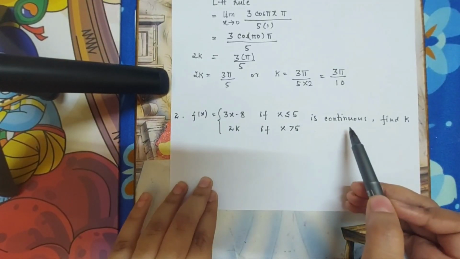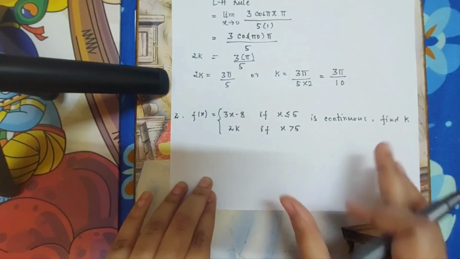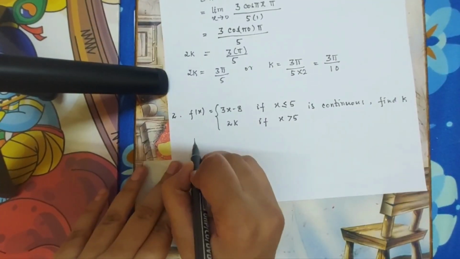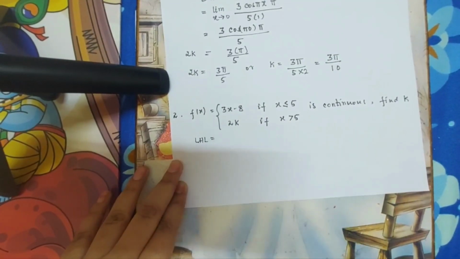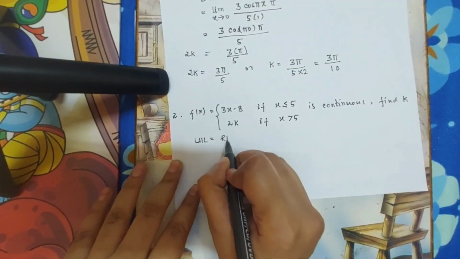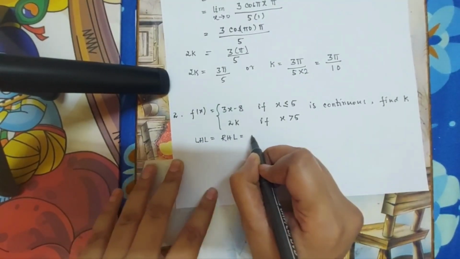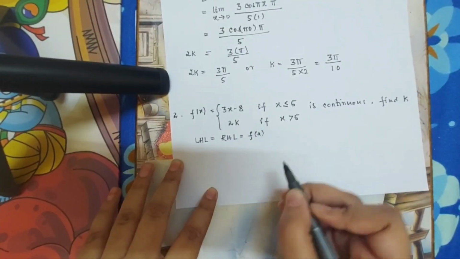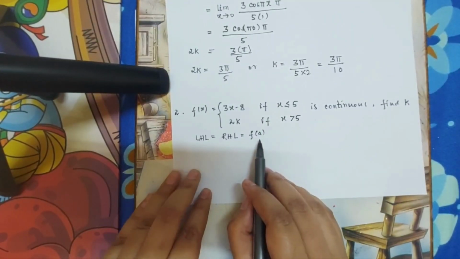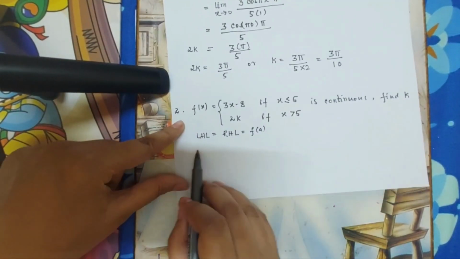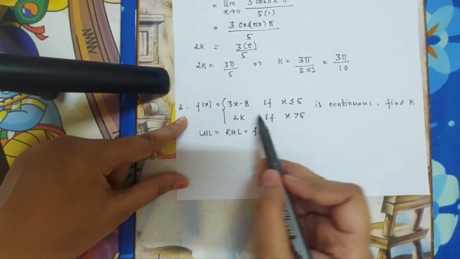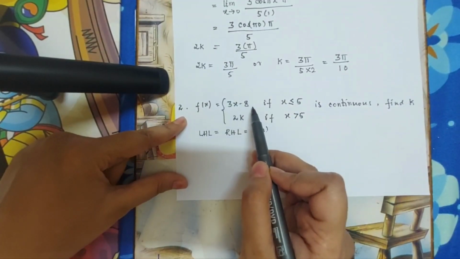Since it is given that the function is continuous, I'll be able to write this as LHL will be equal to RHL, and this will be again equal to f of a. In this question, a is equal to 5. So how will I be able to write the LHL? See, for the LHL, we will be considering 3x minus 8. Why?